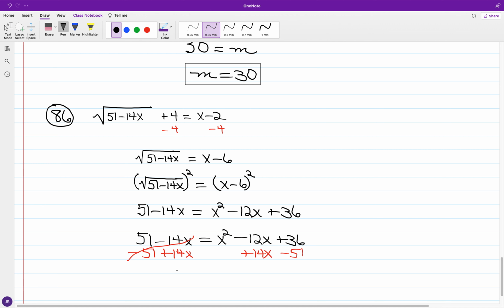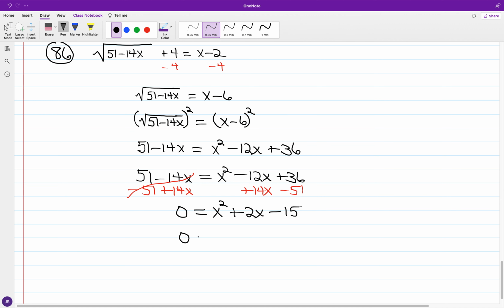So for what we have now, we got 0 is equal to x squared. Now negative 12x plus 14x, that's going to be a plus 2x. And for 36 minus 51, that is going to be a negative 15.